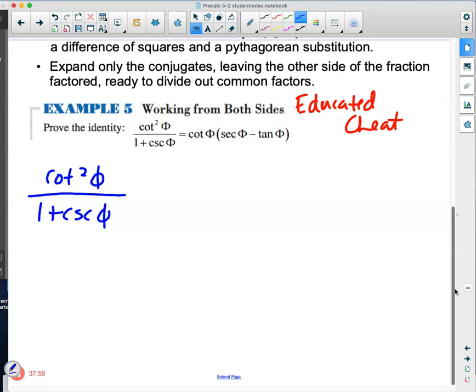We might be able to use a Pythagorean identity to do something about that one. So I think I'm going to start up here, and I want to know about cotangent. So I think about how I can get cotangent, and cotangent comes from cosine squared divided by sine squared. So I'll have to divide the whole thing by sine squared.